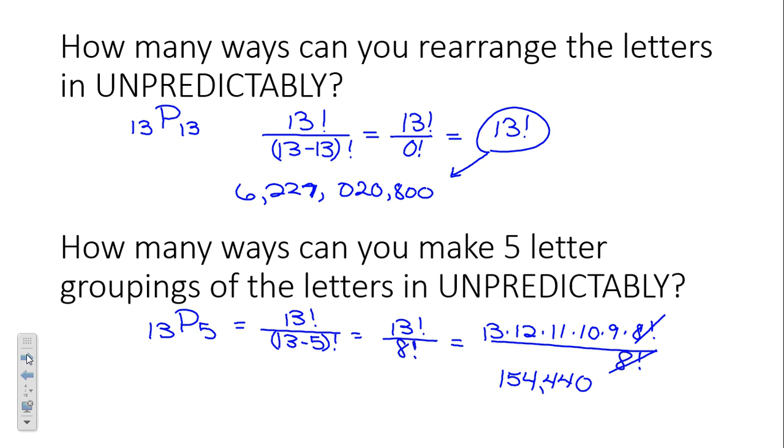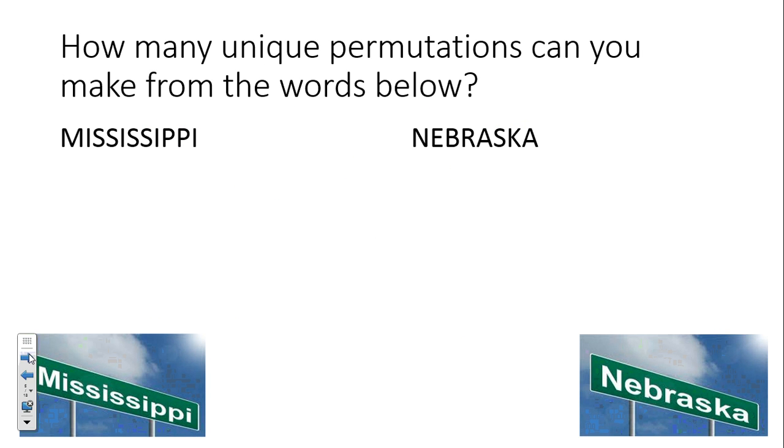Great questions. Okay, so what happens if we have letters that repeat then? We only have to count them once, right? Because we don't want the I's, they're not unique permutations. They would be repetitions of previous ones that we had written out.